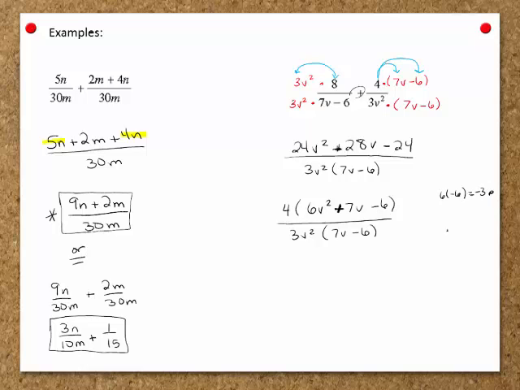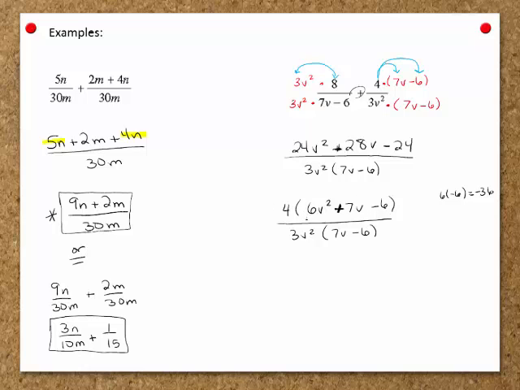And I need to see if there are factors of negative 36 that can give me a 7. So factors of 36 with a difference of 7. And if I'm running through factors of 36, I have 2 and 18, 3 and 12, 4 and 9, and 6 and 6, none of which will give me a 7. So this is not factorable any further, so this will be my final answer.